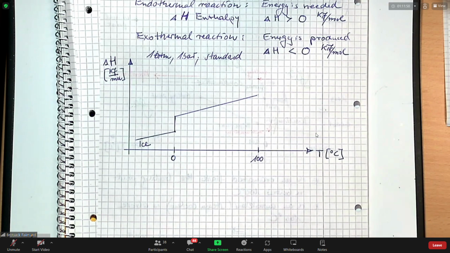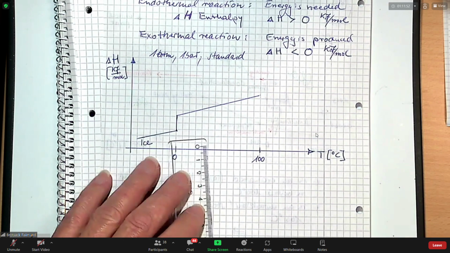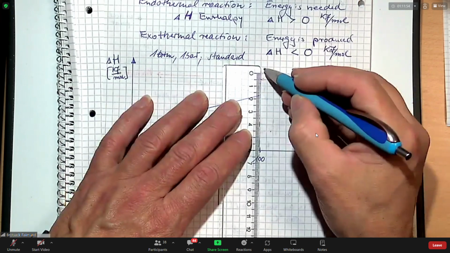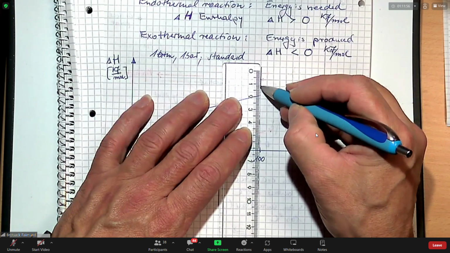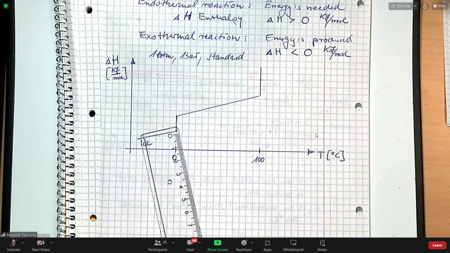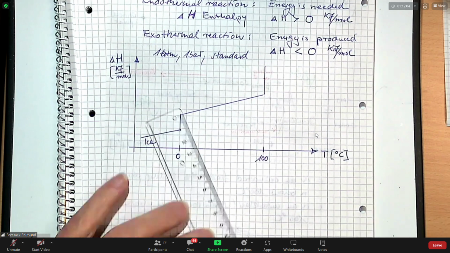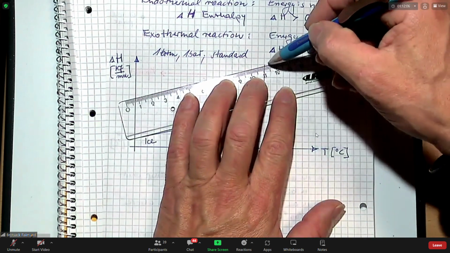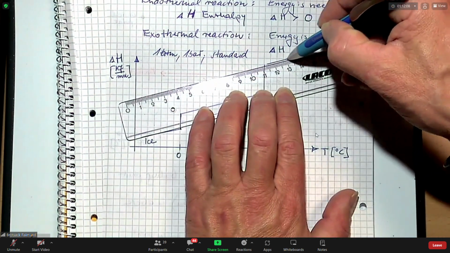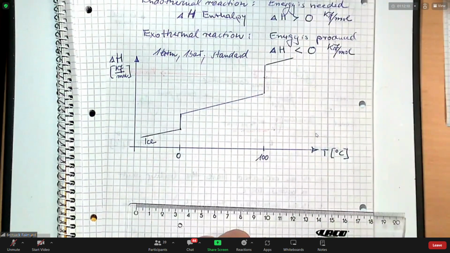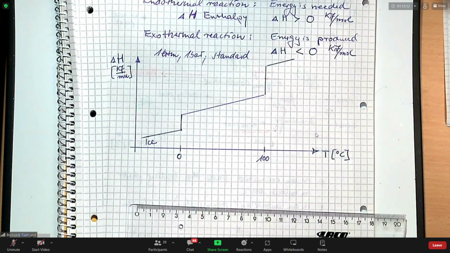Again, the same situation: we have to invest energy until all of the liquid is transferred into steam. And then we can heat up the steam to any temperature. This is known very well.